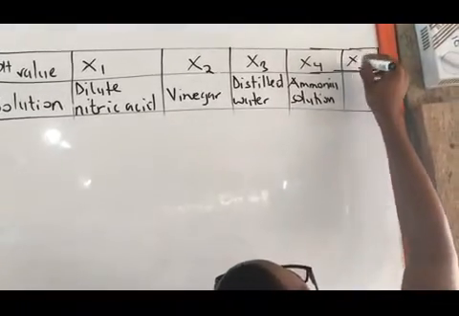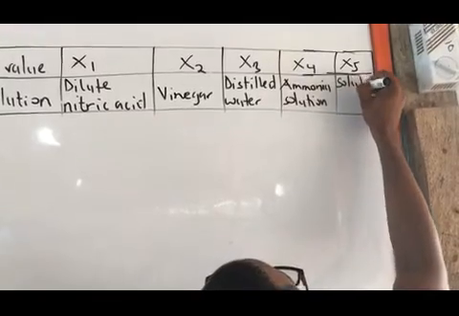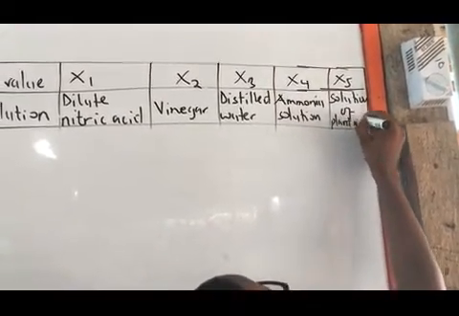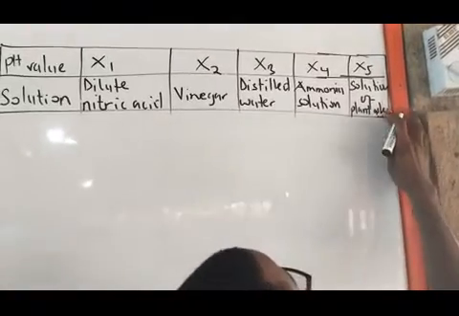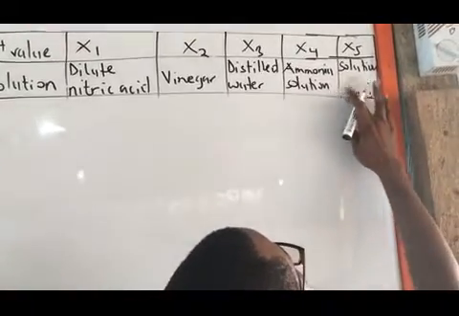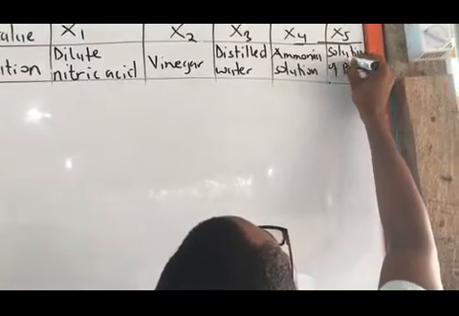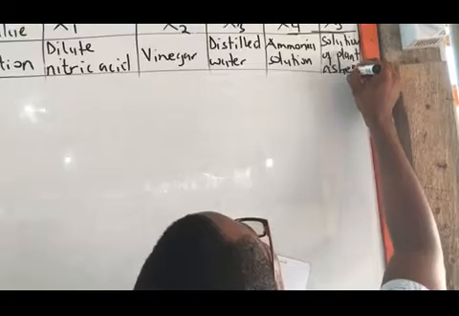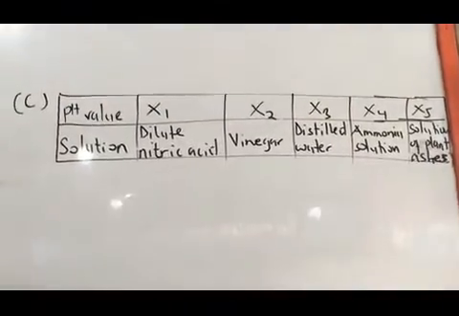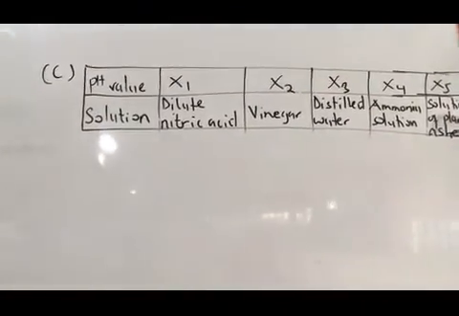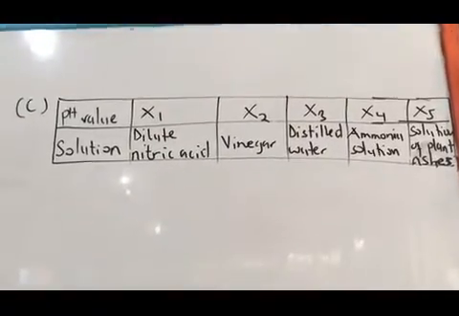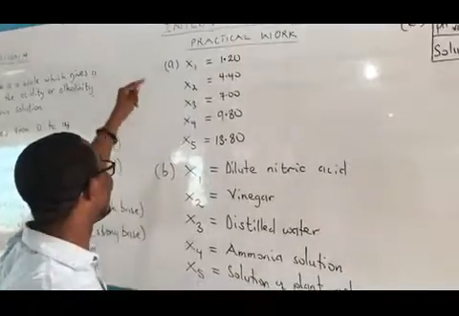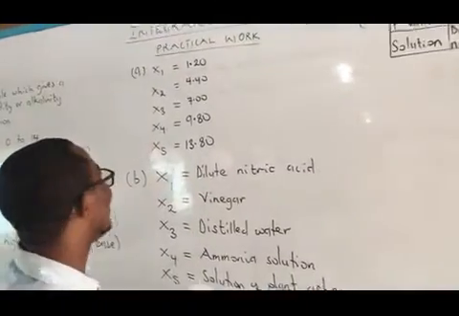And then X5, solution of plant ashes. Okay, so that is for the C. So all that you're doing is reproducing the information from A and B, and then putting it in the table.